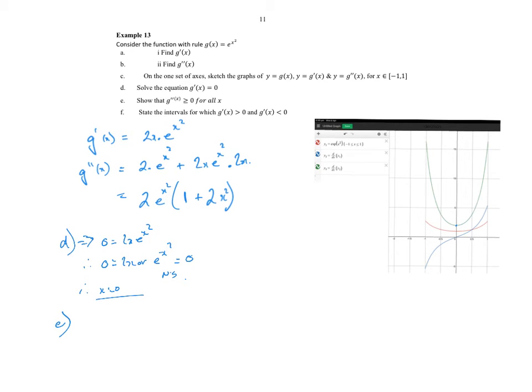E, show that g double dash of x is greater than 0 for all x. So we've got 2e to the x squared outside of 1 plus 2x squared.